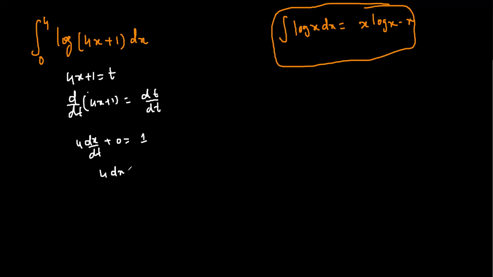So 4 dx by dt is equal to 1. So you can write 4 dx is equal to dt, right? I shifted dt here. Why? Because we need only dx. That's why I put dt on the right side.